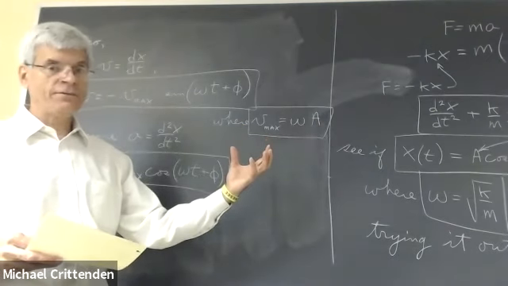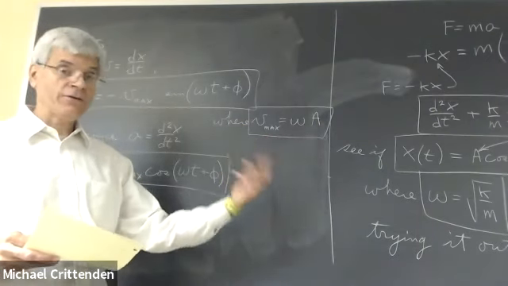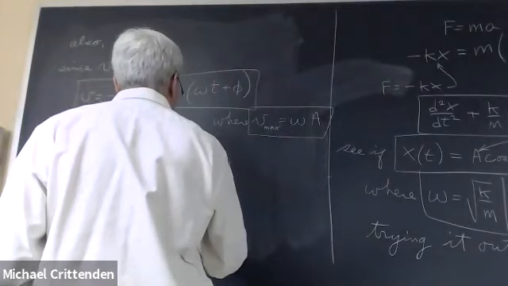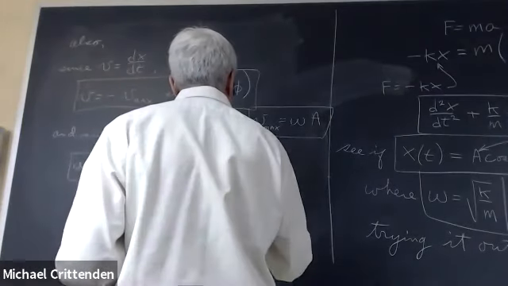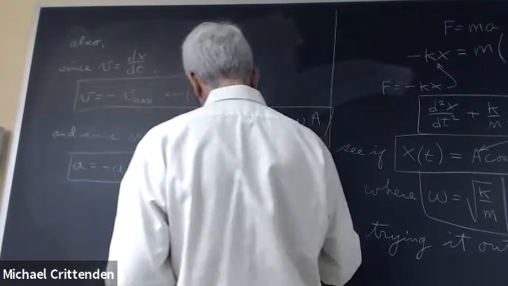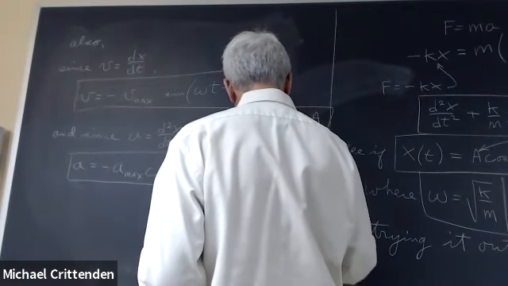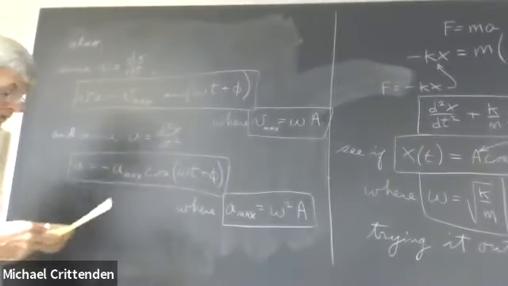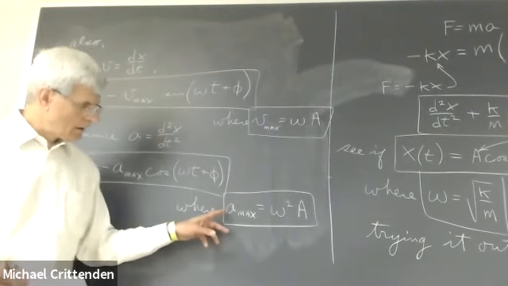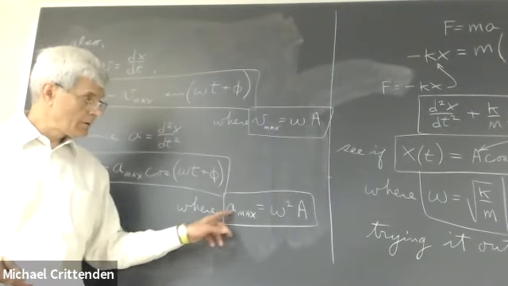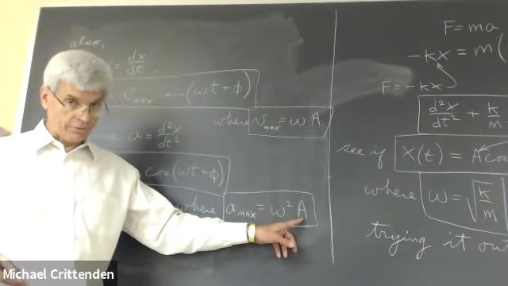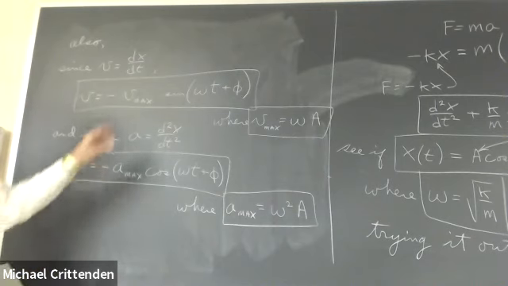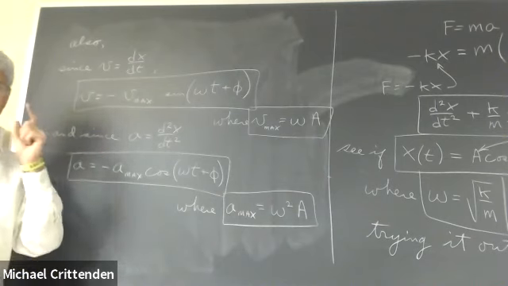The coefficient of the cosine would be the maximum acceleration, A max. That coefficient is that. Little a for acceleration, capital A for amplitude. So these three equations are for simple harmonic motion.